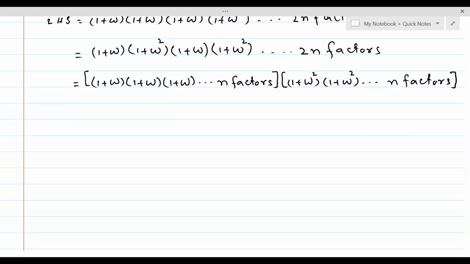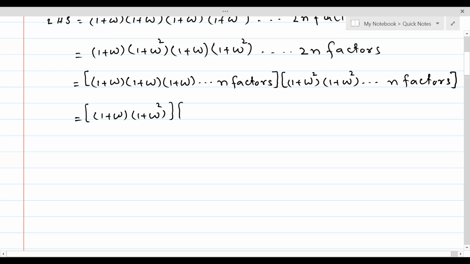And now we will pick one factor from this and one factor from that, but before that we do 1 plus omega times 1 plus omega square and make it one factor. 1 plus omega into 1 plus omega square, that's another factor.